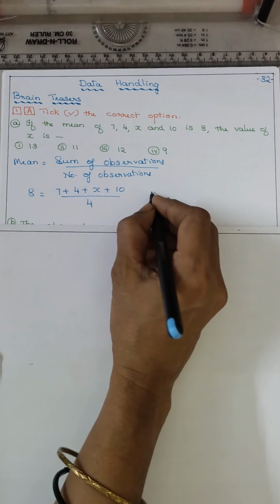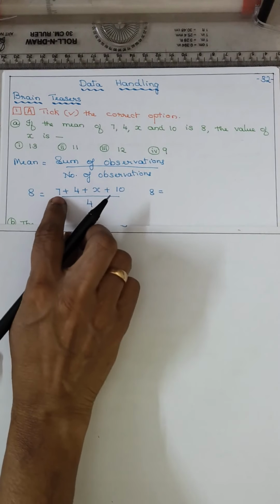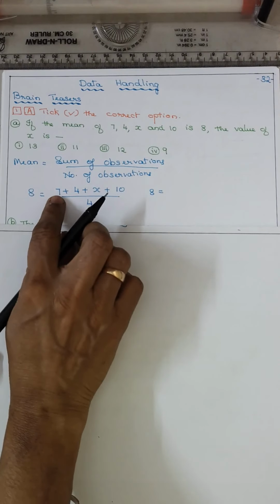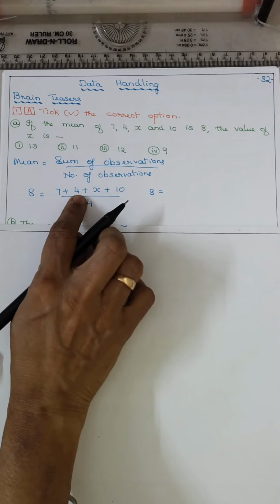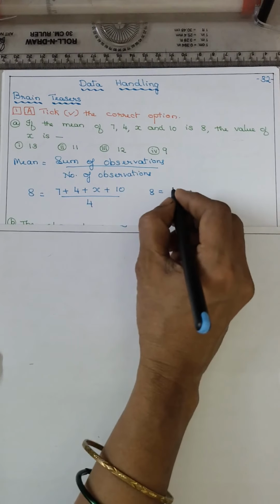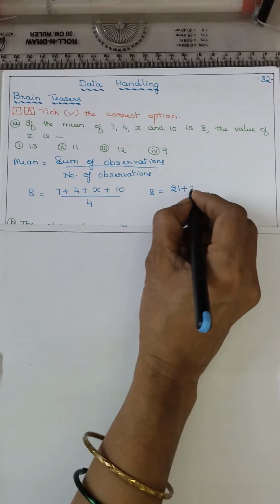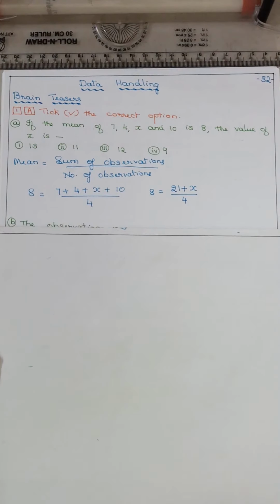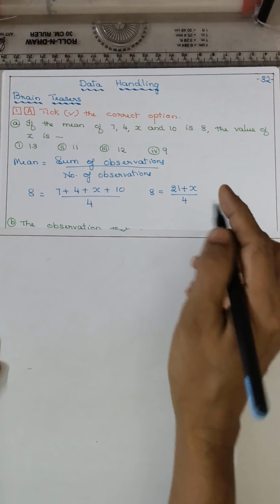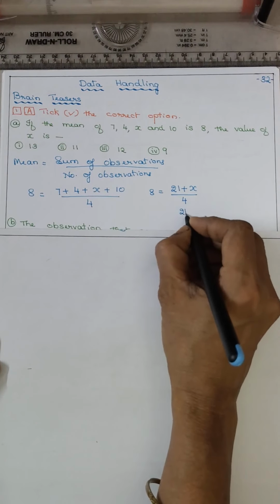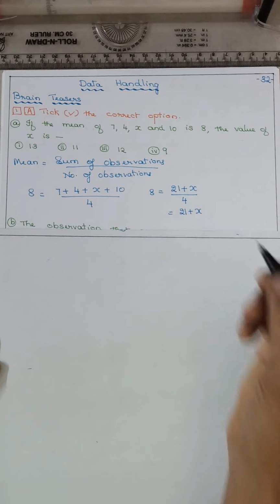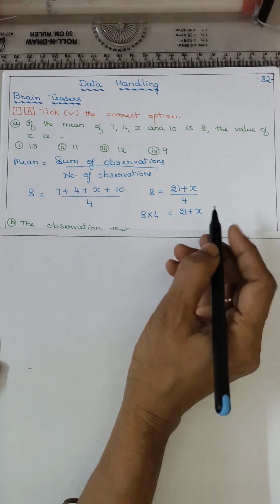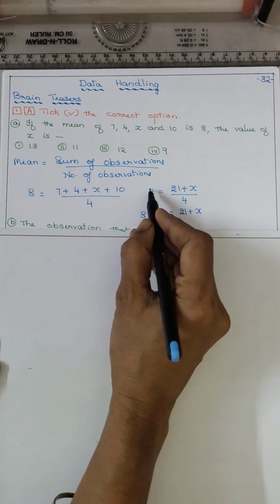So 8 is equal to 10 plus 7, 17 plus 4, it is 21, 21 plus x upon 4. Now 21 plus x is equal to 8 into 4. Yes or no? The 4 goes to the numerator.